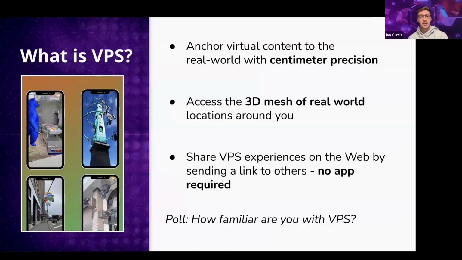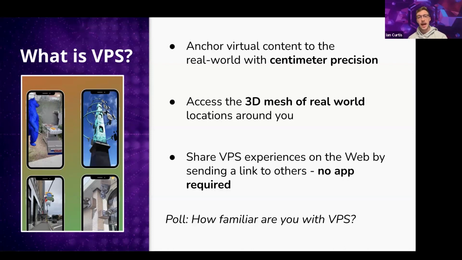If you're unfamiliar, this is a way to anchor virtual content to the real world with centimeter precision. This is a really cool technology. Instead of having an AR-based experience that might just be SLAM-based, which means it's a horizontal surface anywhere in the world, you can anchor specific models or animations to specific locations, and you can also use the mesh of the real world to occlude, to give a lot more of an immersive experience.